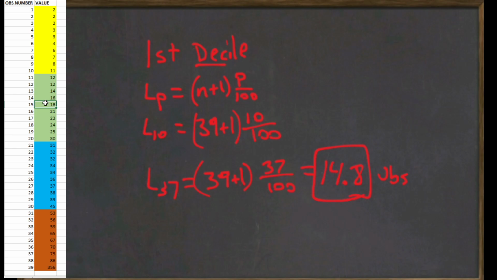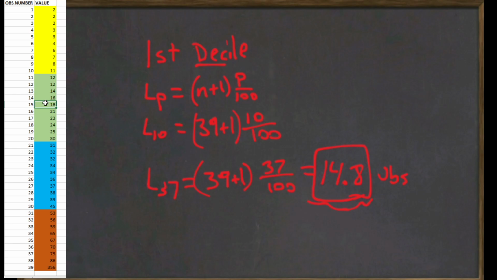And the way we would handle that is to say we actually want to be 80% of the way to the 15th observation. Right? We're at the 14th. We want to be close to the 15th because we're at 14.8. So really we want to slide 80% of the way to the 15th.